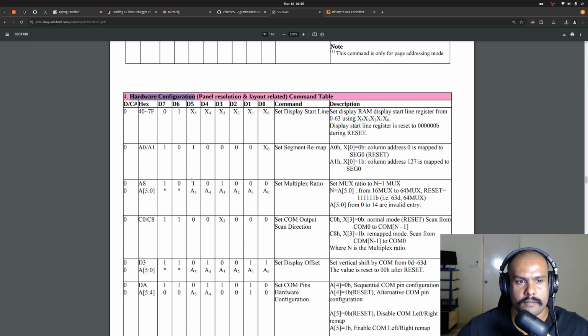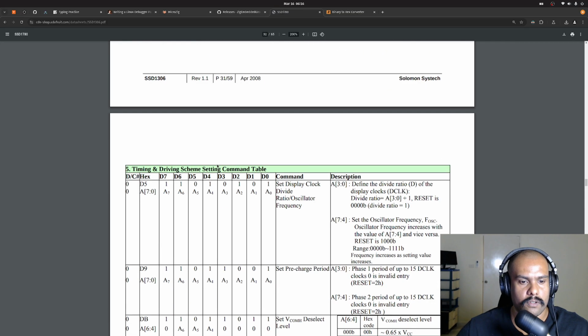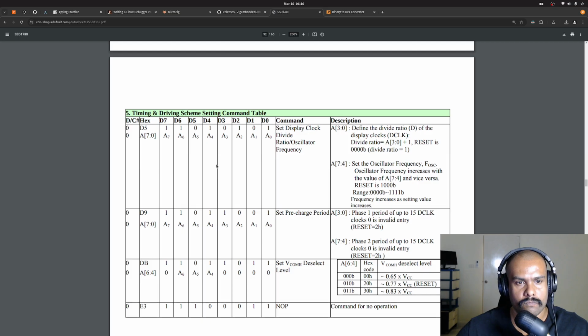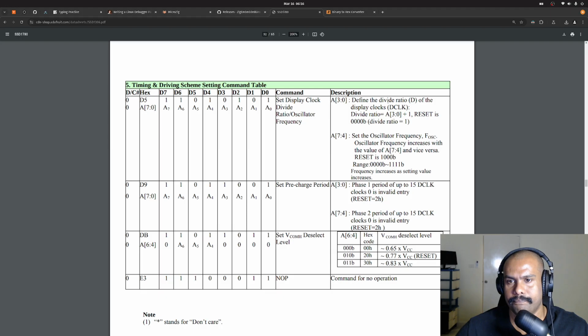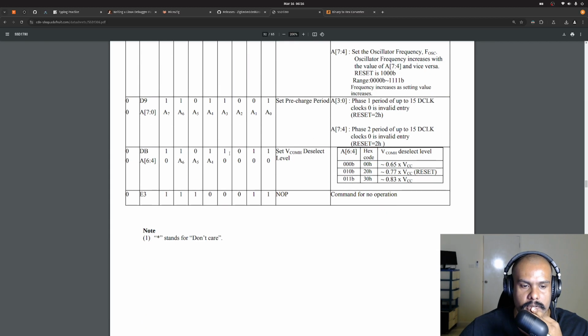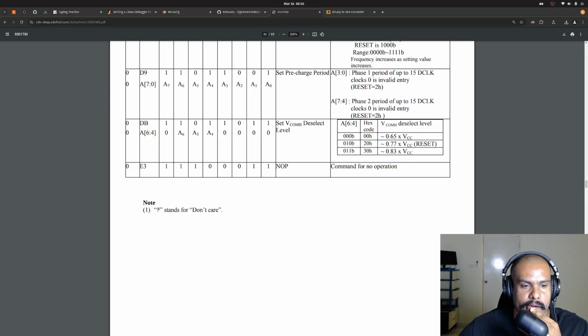Hardware configuration. No, not now. Timing and driving scheme setting command table. Don't know if this is relevant yet. Okay. Stands for don't care.